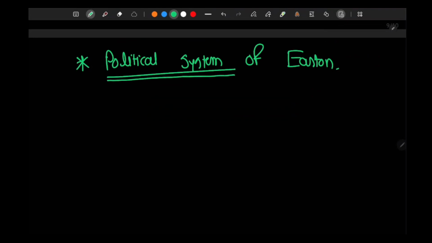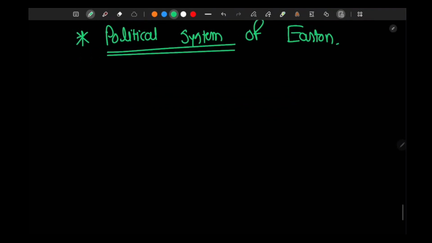Political system, right? So what is a political system? A political system is a set of political elements in a state of interaction. Again, listen to it very closely.